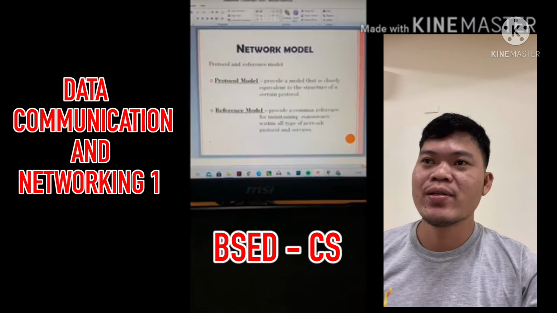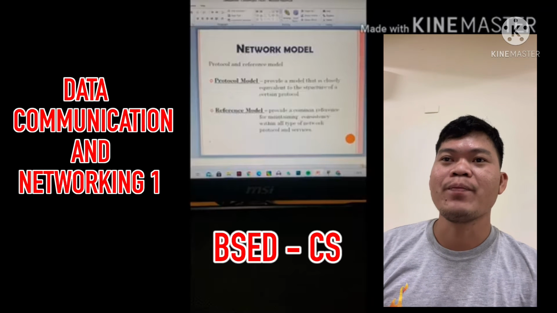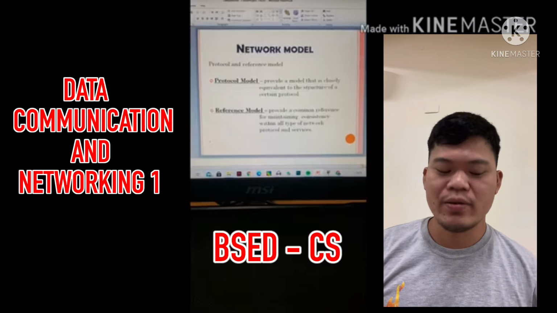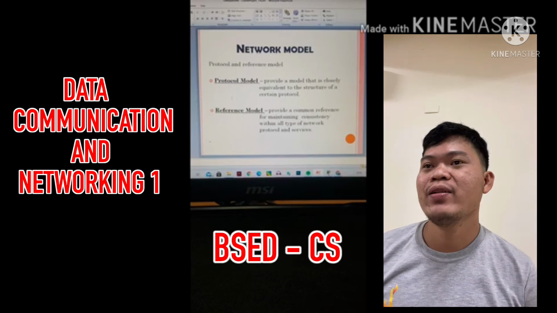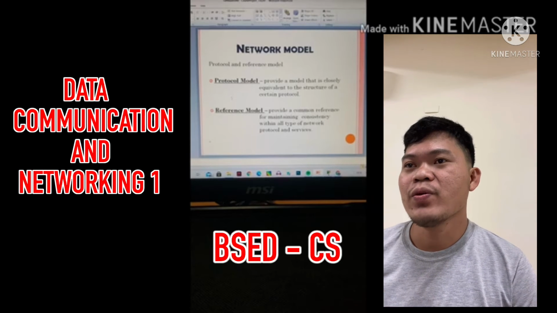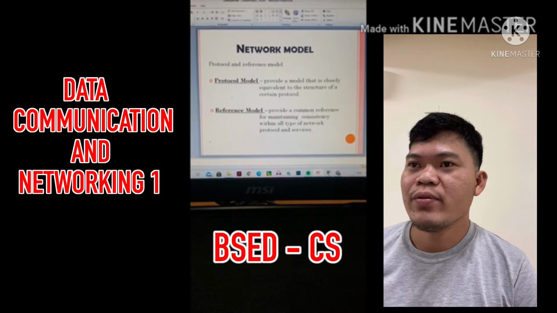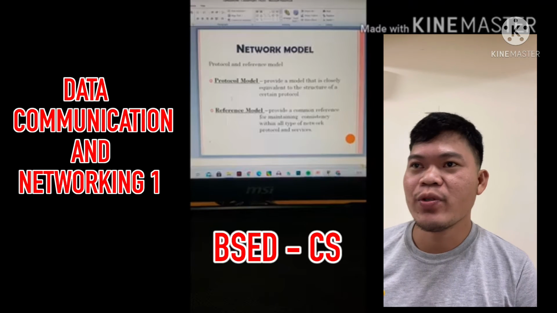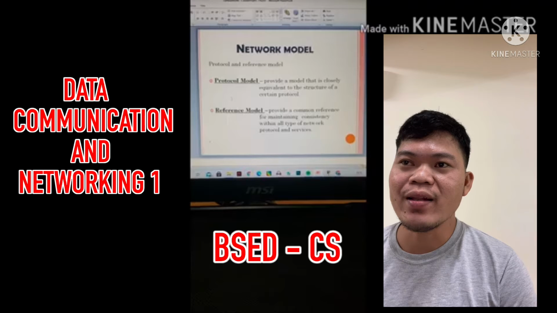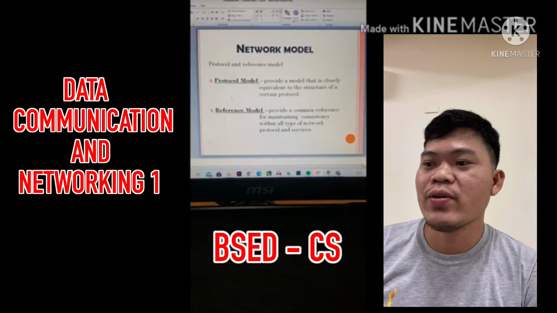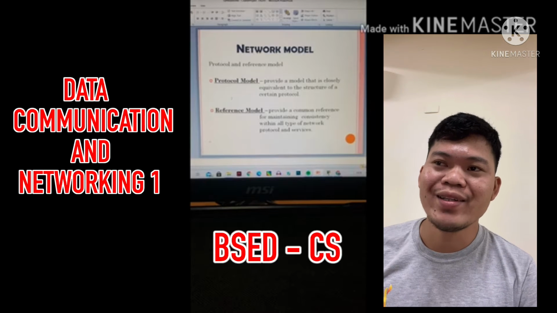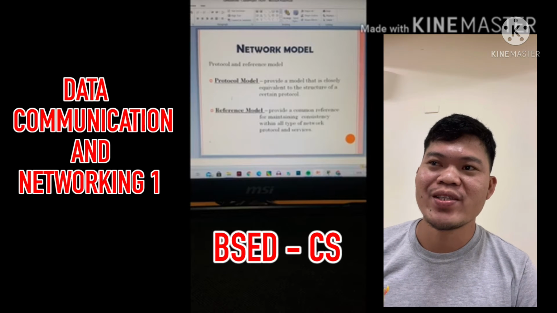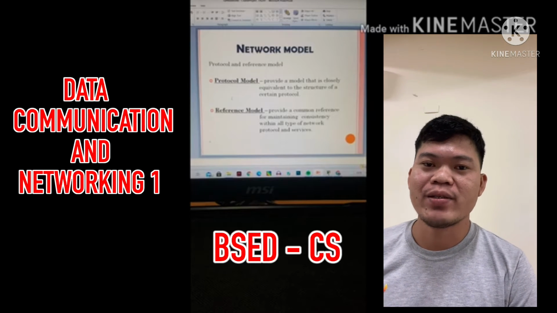Right. Next, we have the network model. This last topic that we are going to discuss is the network model. We will tackle protocol models and reference models. What do we mean by protocol model? A protocol model provides a model that is closely equivalent to the structure of certain protocols.